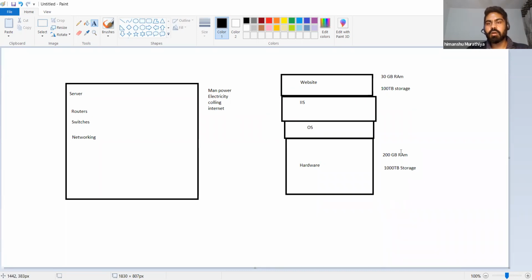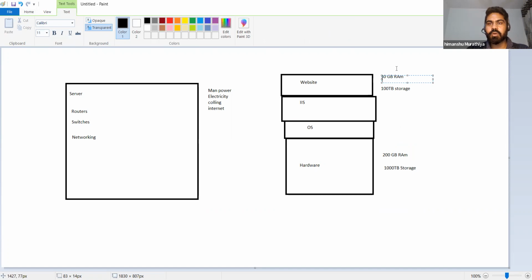So what is happening here? I invested a huge amount of money to buy these servers and this infrastructure, and I'm using only approximately 10 to 30% of it. The rest is waste. So the cost was very high to start a minimum business, or to start anything.